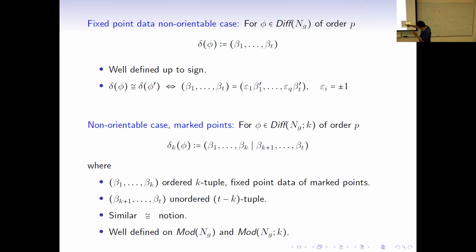You define the fixed point data in the same fashion, but now the first k betas give you an ordered tuple, associated to the fixed points of the k marked points, and the rest is thought of as an unordered (t minus k)-tuple. So we have a similar notion of congruence as before, and this notion is well defined when you pass to mapping class groups.